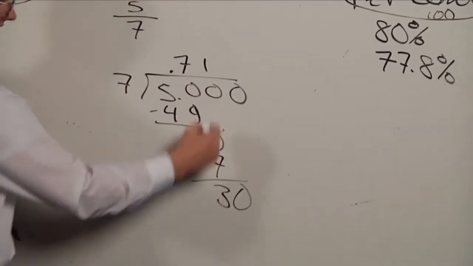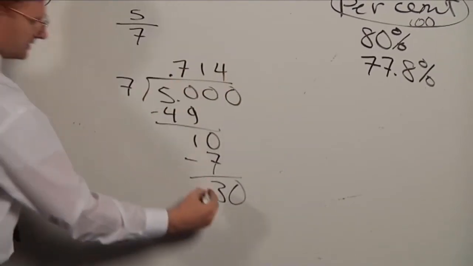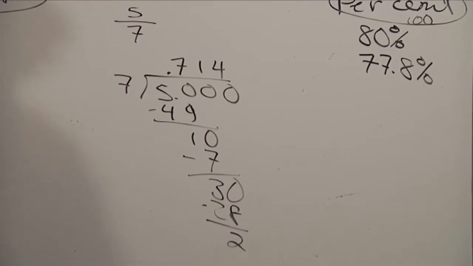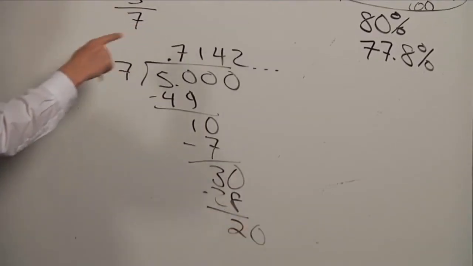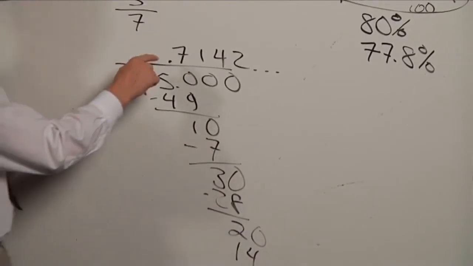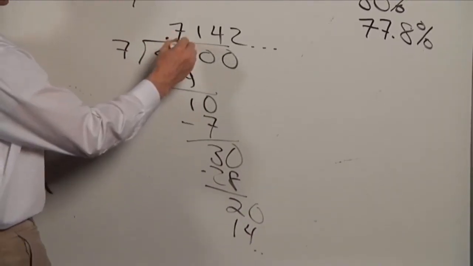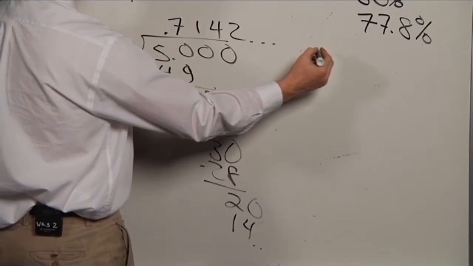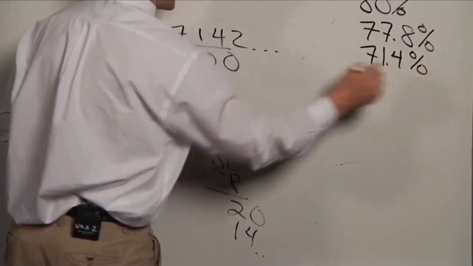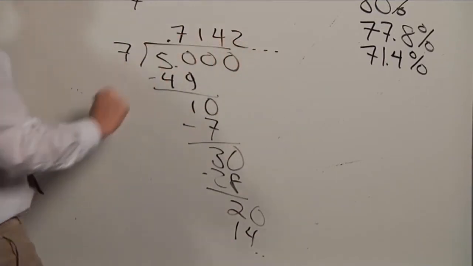So 7 goes into 30, 4 times. It's 28. Subtract, and you get a 2. 2 times 7 would be 14, and so on. So right here, 0.714. If we move the decimal 2 places, we could write it as 71.4%. That 2 tells us that it'll round down to a 4.